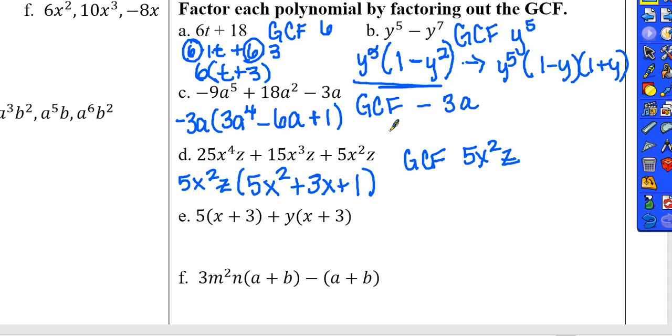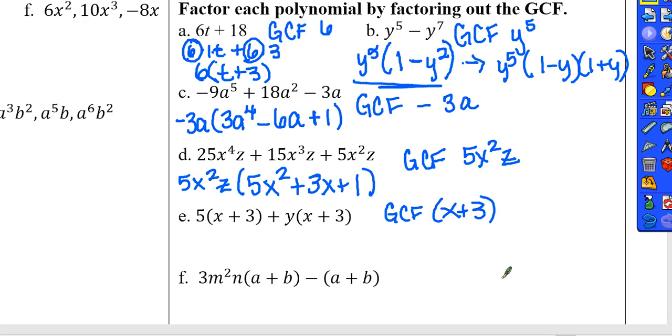This is a binomial. 5 times a number plus y times a number. The GCF of this is a binomial factor of what? X plus 3.